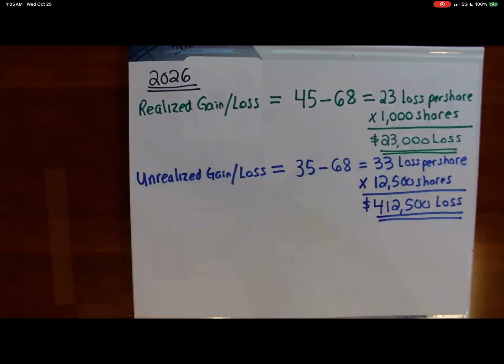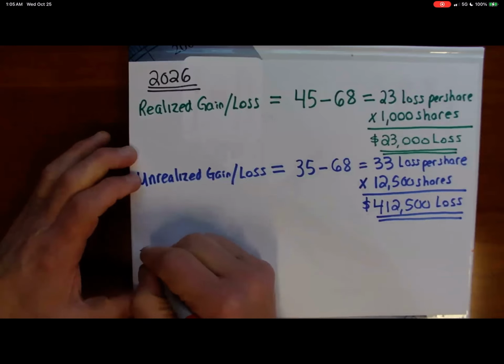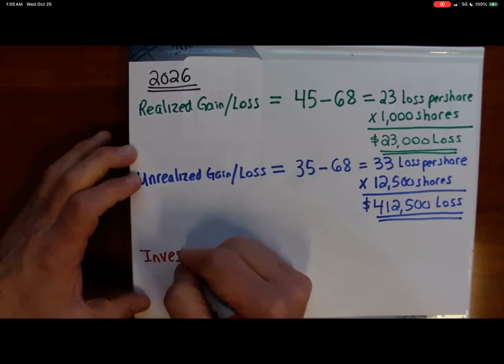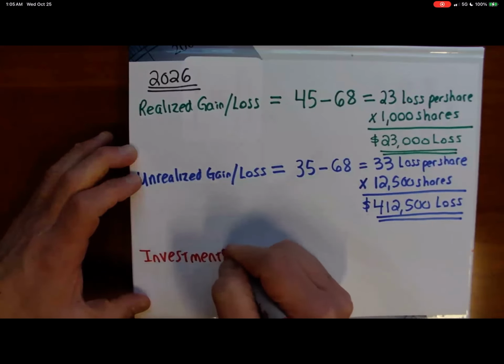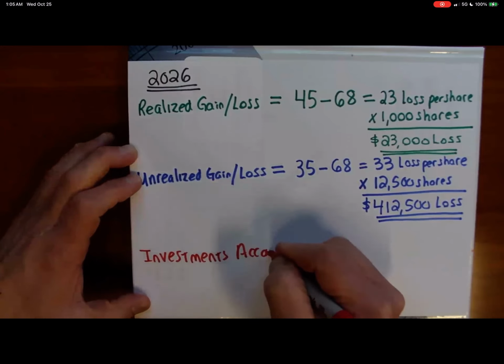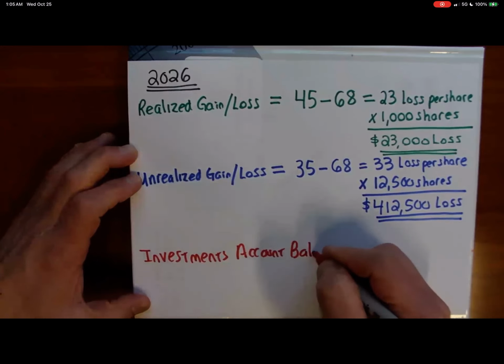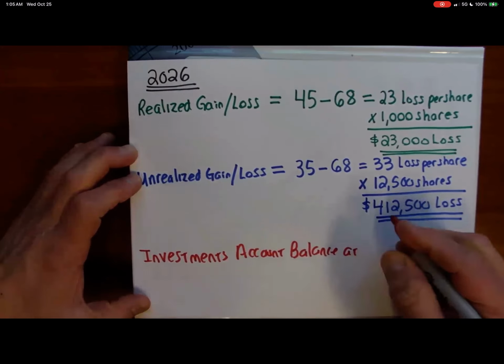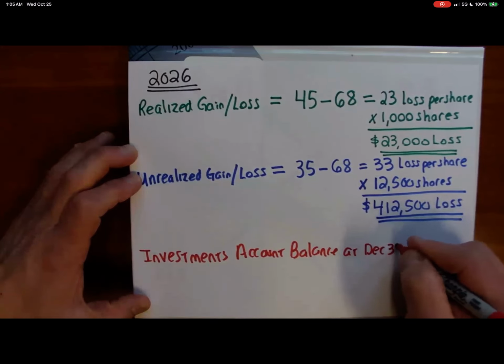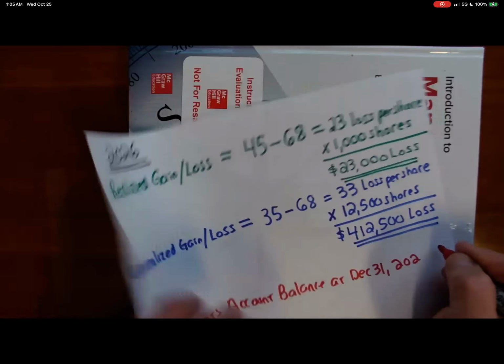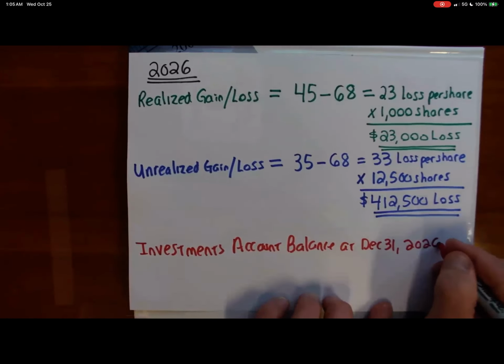All right, Carter, please turn the microphone back on for just another minute. First, you okay with the 12,500? Yeah. Good. So now you've got one more calculation to do for me. We now need to calculate our investments account balance at December 31, 2026.